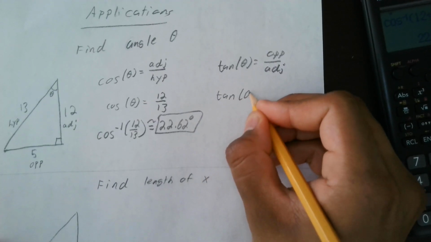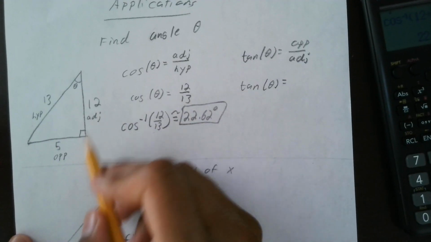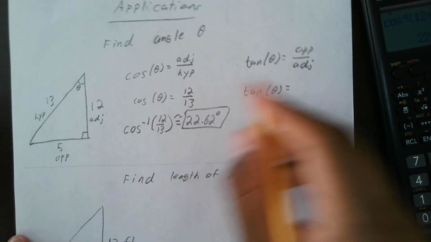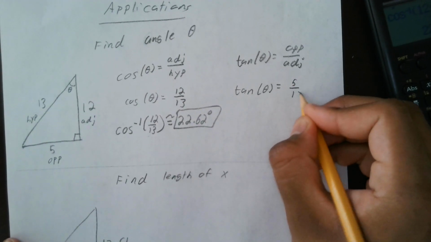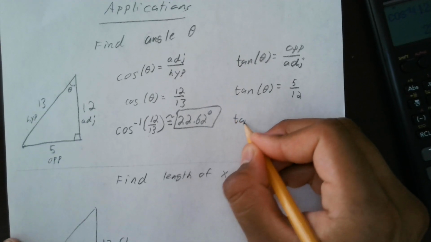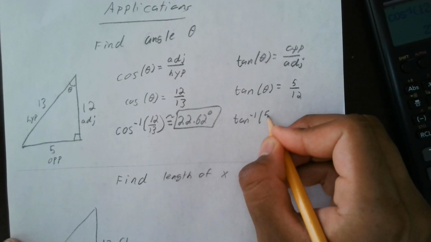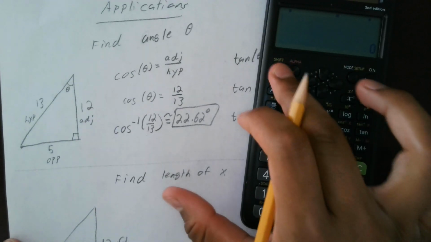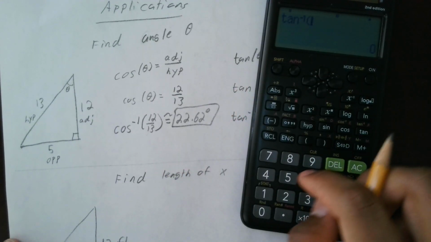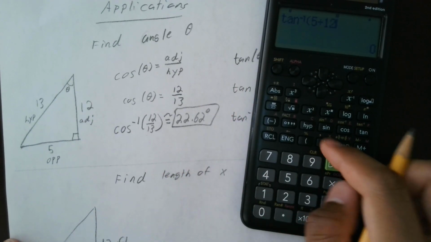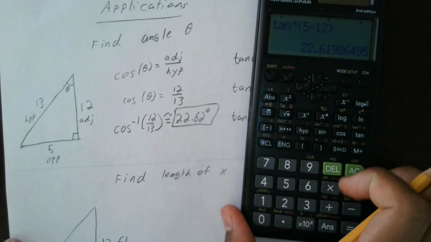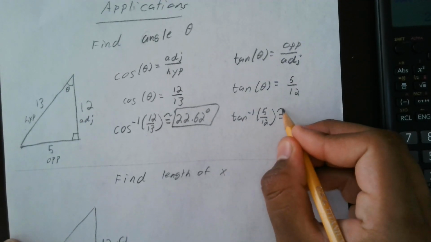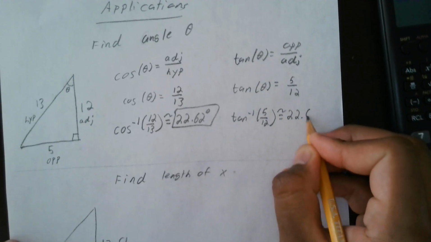So that means tan theta is equal to, if the opposite is 5 and the adjacent is 12, which means tan inverse of 5 over 12 is equal to, on our calculators once more, we get the same answer, approximately 22.62 degrees.